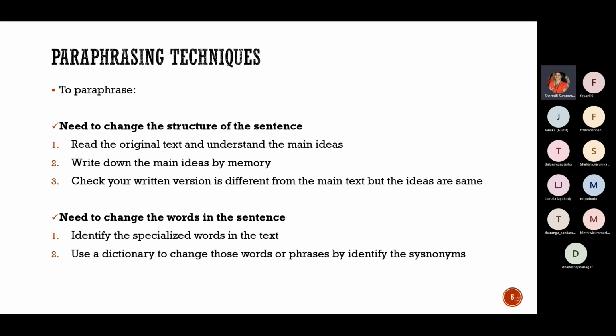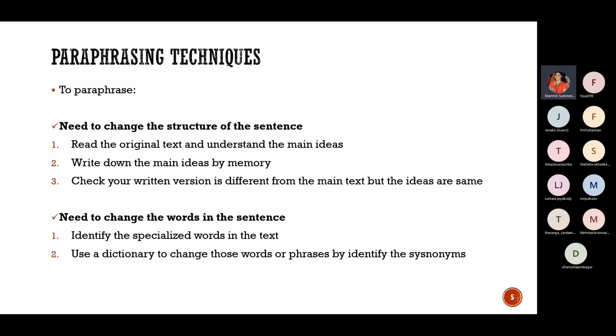In Tamil, we say ottasol, like that. I'm not sure about the Sinhala term. So same term, synonyms. Okay. So find the most complicated synonym word and replace the essential with that most complicated synonym word. Then you can't identify it as a paraphrase.